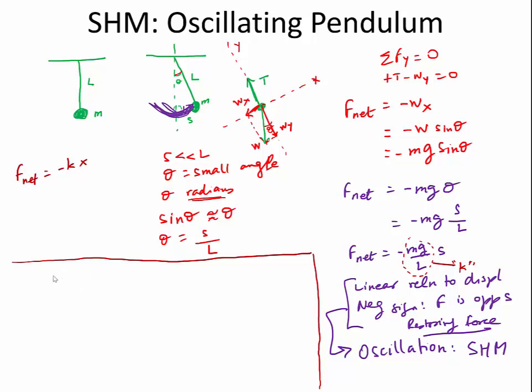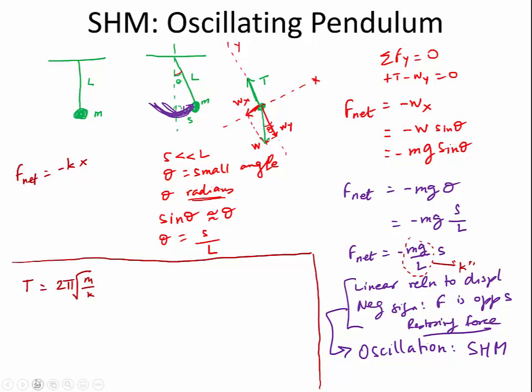We can talk about energy considerations and the relationship of period and frequency to the other factors. So you will remember that in the case of a spring, the period T was equal to 2 pi square root of m over k.